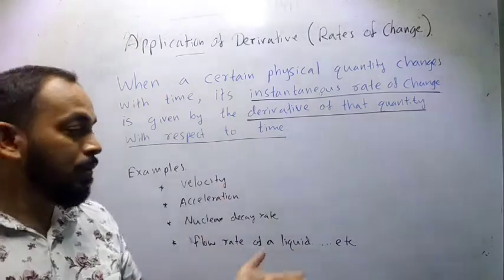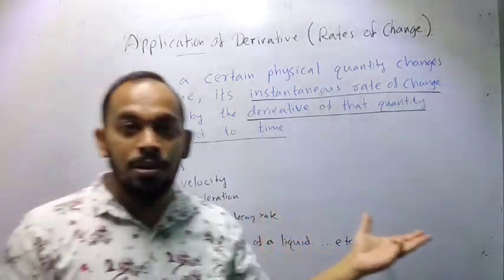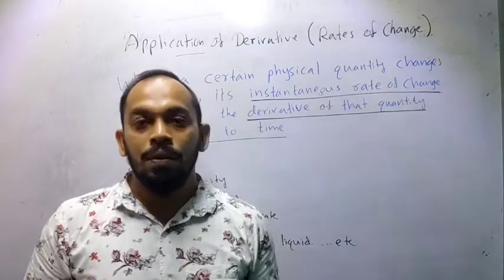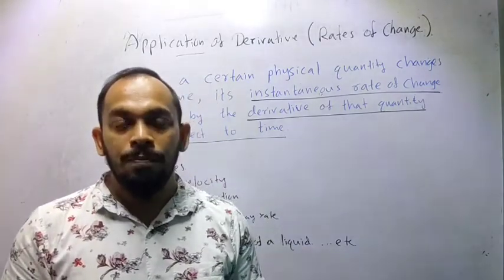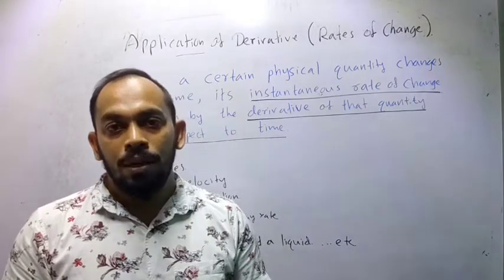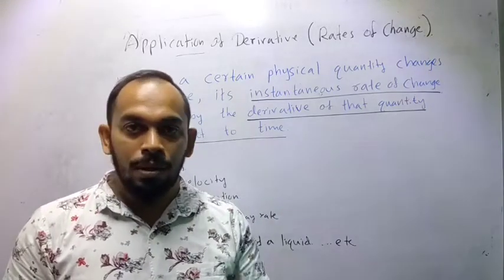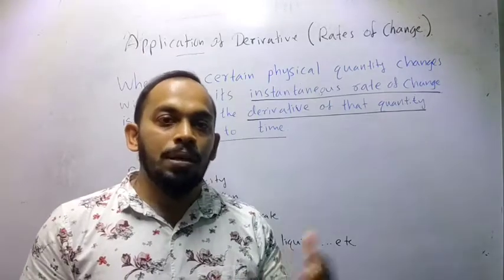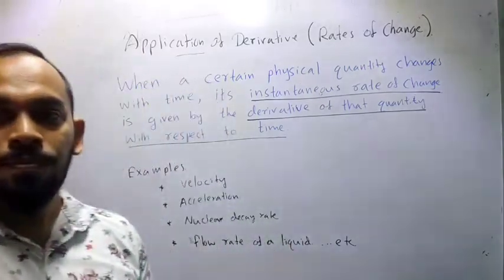When the function is given with respect to time, you just have to differentiate the function with respect to time, right? So by doing that, you can obtain the derivative of that function with respect to time and use it to determine the certain quantities that you need.